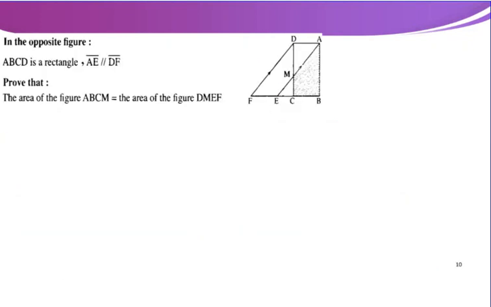Another example, in the opposite figure ABCD is a rectangle, AE parallel to DF. Prove that the area of the figure ABCM equals the area of the figure DMEF.